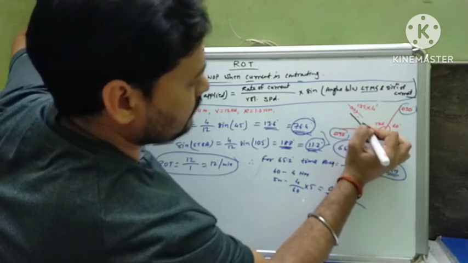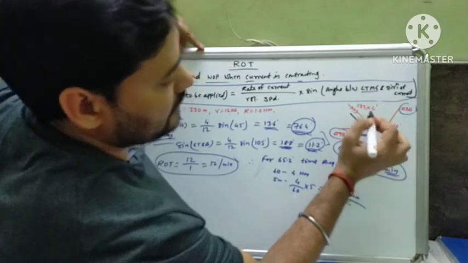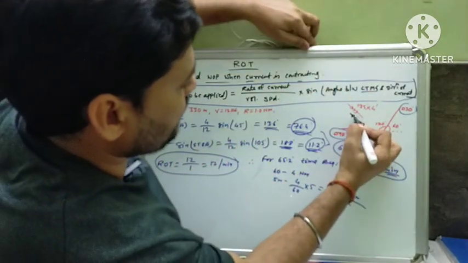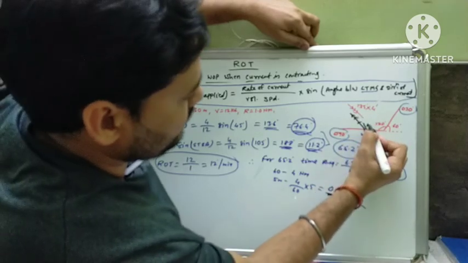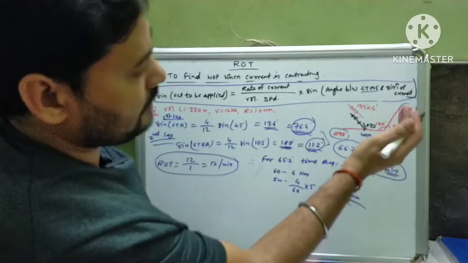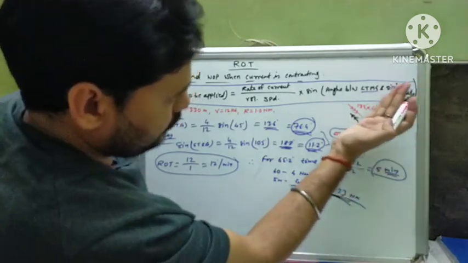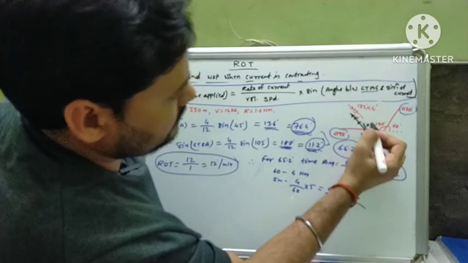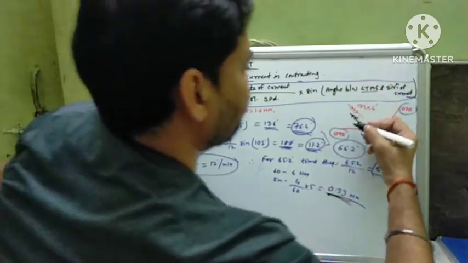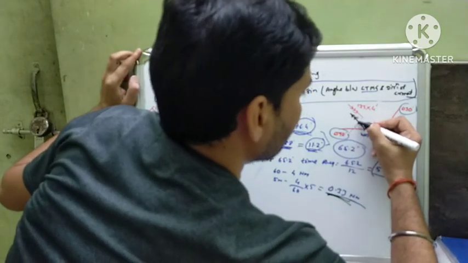So 0.33 nautical mile we will cut in the opposite end, like current is in this direction, so we'll go in the reverse direction, and we'll cut 0.33. Thereafter we have to transfer the final course from the point where it is 0.33. So we'll transfer this line here.